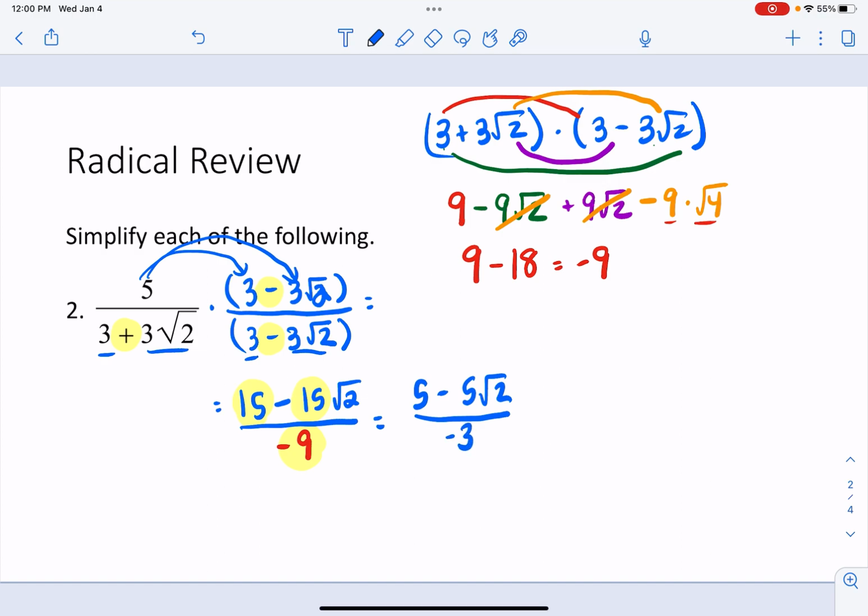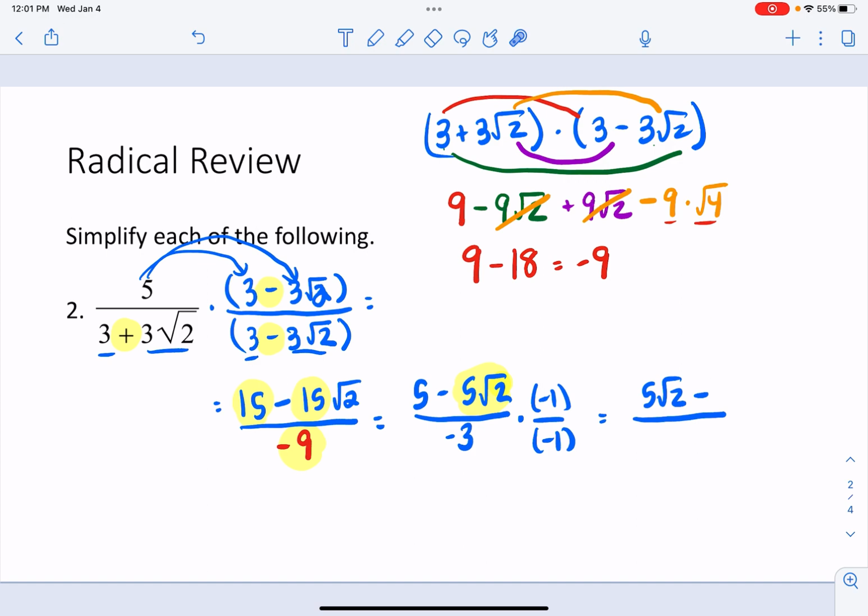So now you can leave it like that if you want. Makes me cringe a little bit. I wish you could see my face. But what you could do is multiply by a negative 1 over a negative 1 to get that negative out of the denominator, which then turns this negative 5 root 2 term into a positive 5 root 2 term.